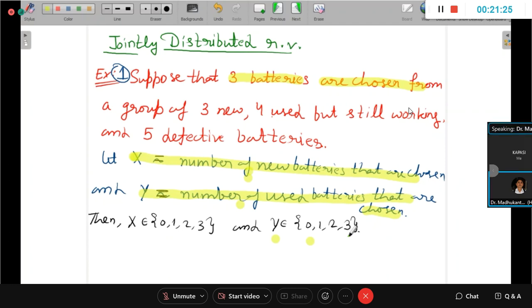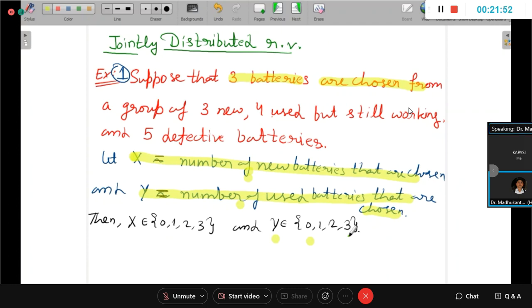So that experiment has occurred, and associated with it you have two random variables. Now you want to know how to identify the relationship between them. By looking at their range, it is very clear that both assume discrete values, so they fall into the discrete random variables case.